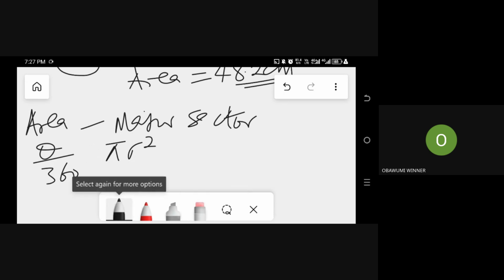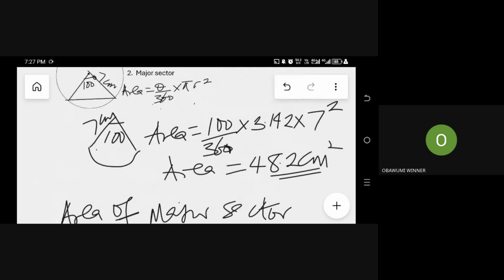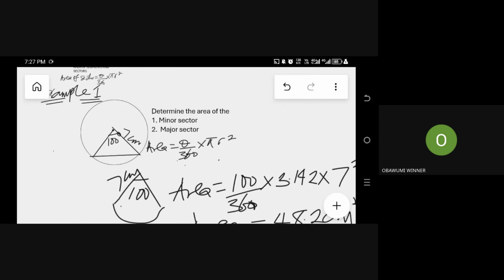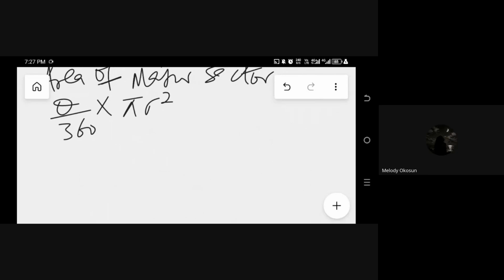But you should know that for the major sector, look at the diagram here. The major sector would be the one at the top, the bigger sector.